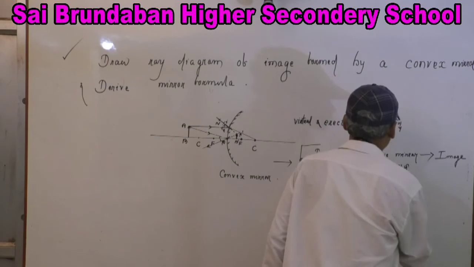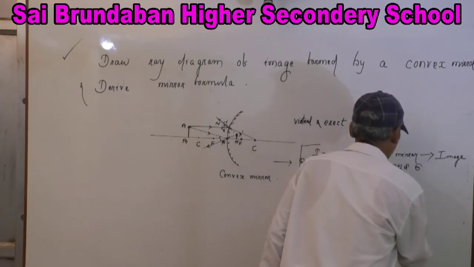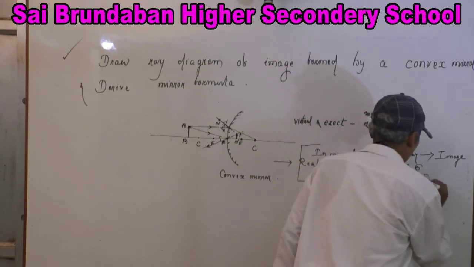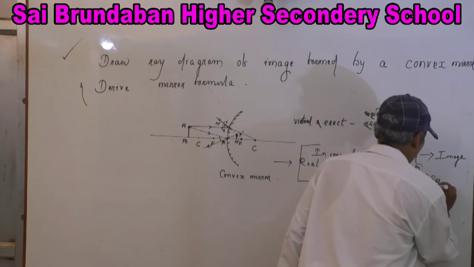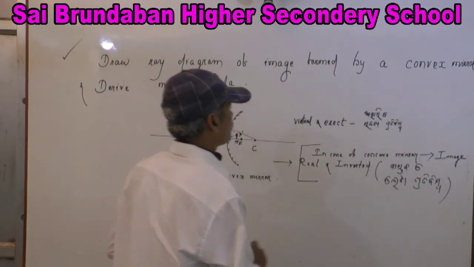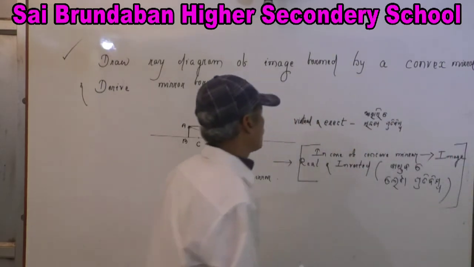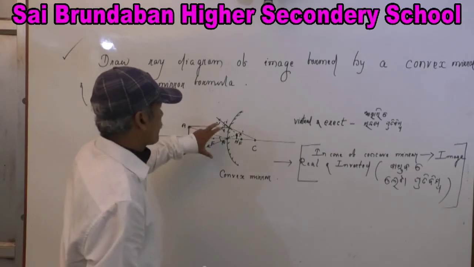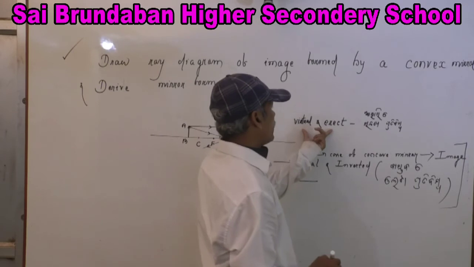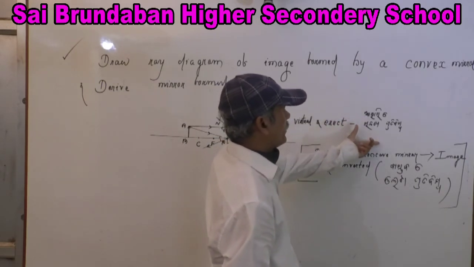In case of convex mirror, the image is virtual and erect, means आभासी और सीधा प्रतिबिंब.